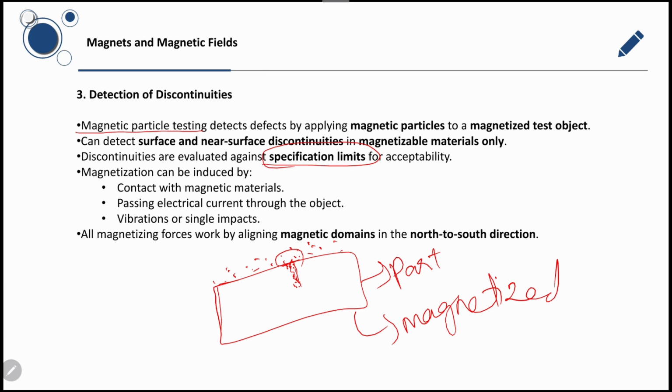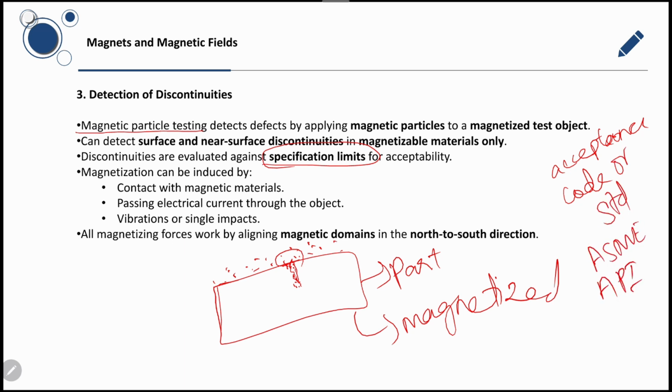What are specification limits? That is the acceptance criteria available in a code or standard like ASME or API. Next, magnetization can be induced by contact with magnetic material, when we are using a permanent magnet.